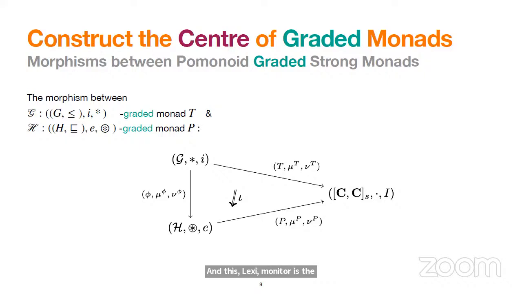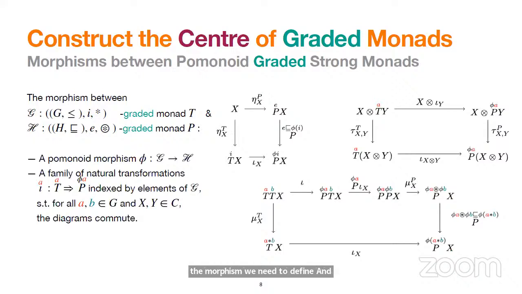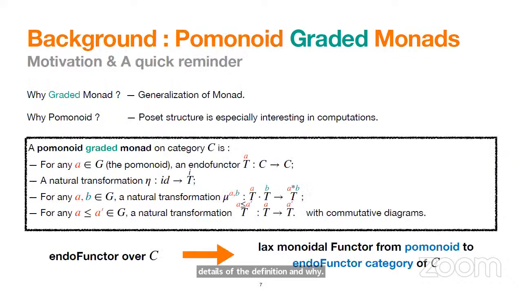And this is the phi, which is the morphism between the two gradations. And this iota is the morphism we need to define. Here I give you the details of the definition and why this transformation is interesting.